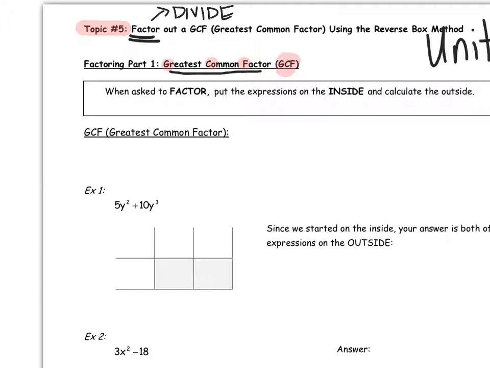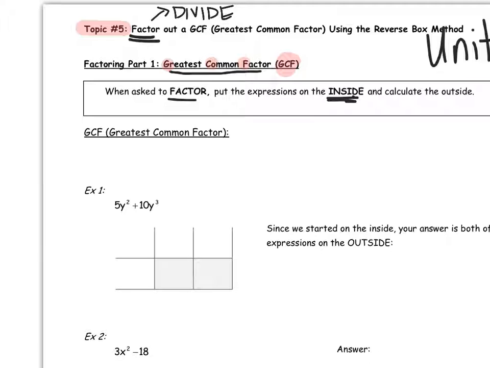When doing that, we're looking for the biggest thing that we can divide out of all the terms in a polynomial. So the way we're going to do that is with the box method, but we're going to do the box method in reverse. So when we're asked to factor, what we're actually going to do is put the terms on the inside of the box and work backwards to calculate the outside.